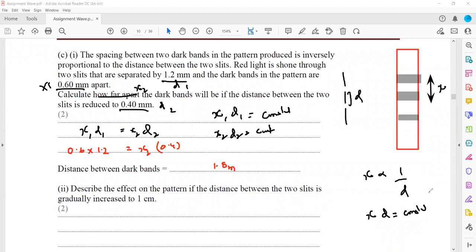Is it clear? Any doubt till this point? Whenever diffraction occurs, the distance between the fringes and the distance between the slits are inversely proportional to each other.